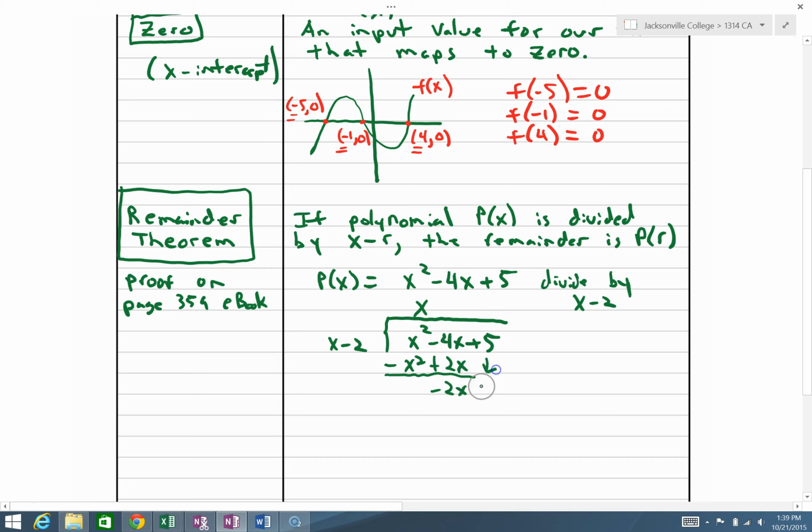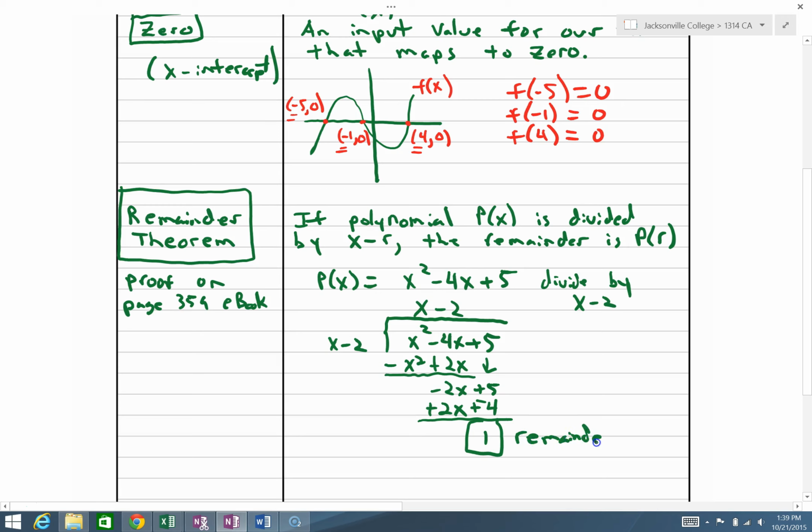Bringing down my 5. x goes into minus 2x minus 2 times. Negative 2 times x is a negative 2x. Negative 2 times negative 2 is plus 4. Changing my signs and adding, this goes to 0. 5 minus 4 is a 1. Okay, this is my remainder.